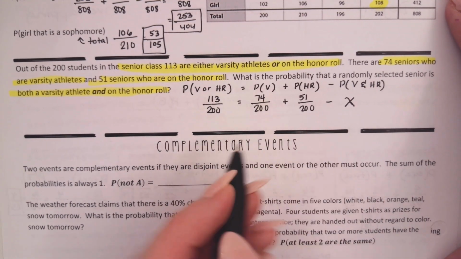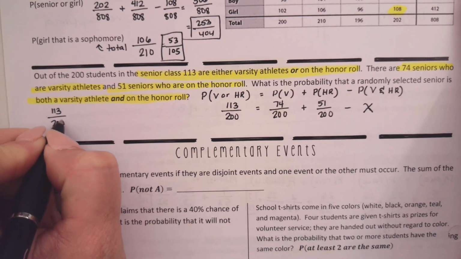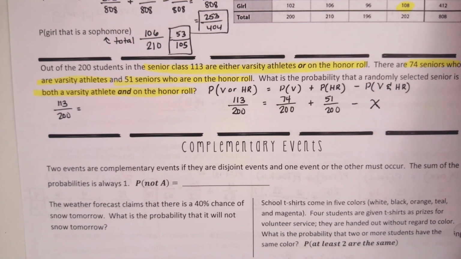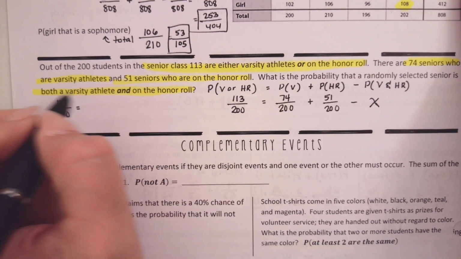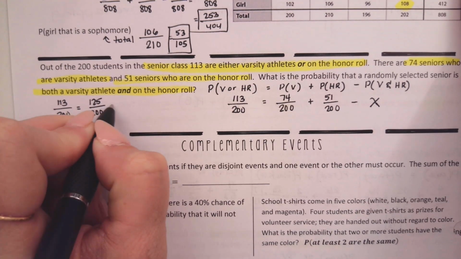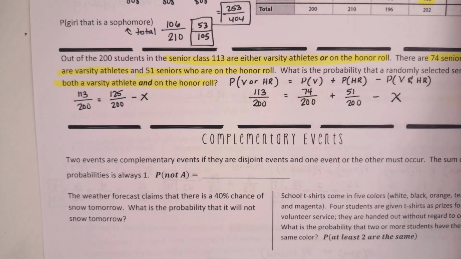What should I do first to solve this equation? We would add these two together. What is 74 over 200 plus 51 over 200? 125 over 200 minus X. Okay, then what? Subtract the 125.